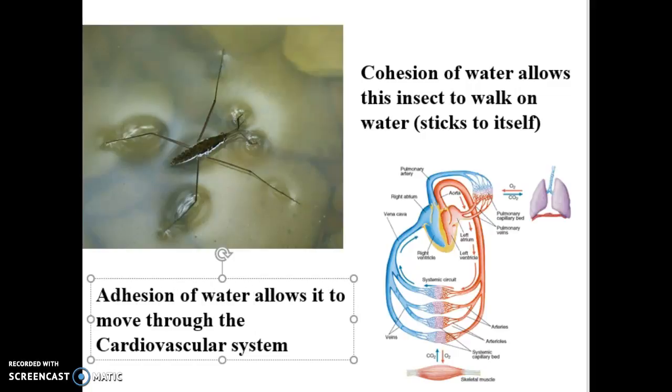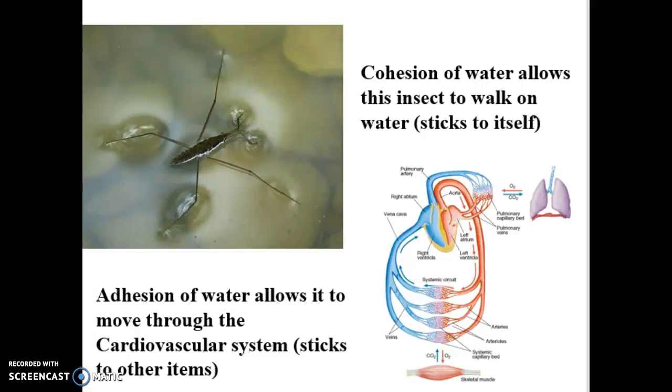This allows it to move through the cardiovascular system. So water is going to move through the cardiovascular system, through a plant, through all sorts of different systems, because the water sticks to other stuff. So adhesion is the water sticking to other things. So to the side of a straw when you're taking a drink, to the blood vessels as it gets moved through the body.